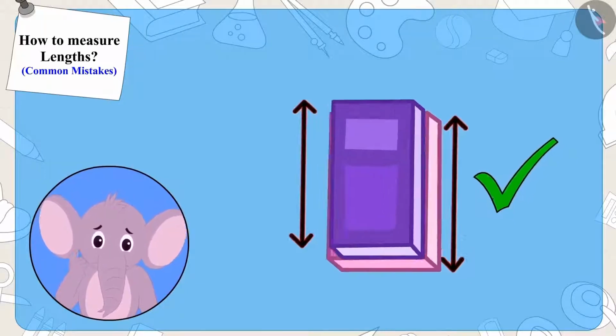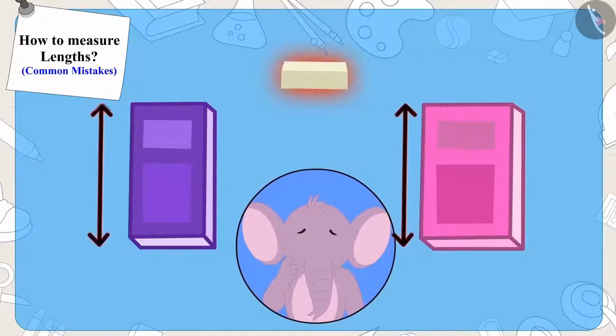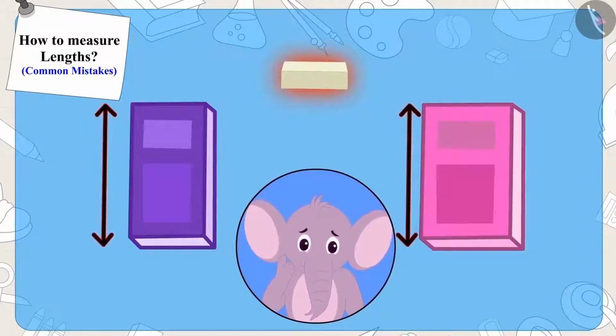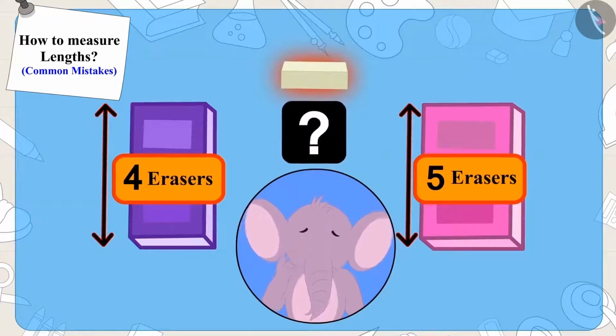But Appu was shocked to know that if they had used the same eraser to measure both the notebooks, how had the measurements turned out to be different? Children, can you tell me why and how did this happen?